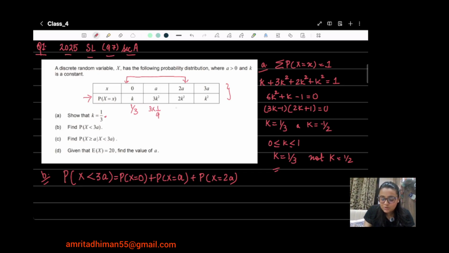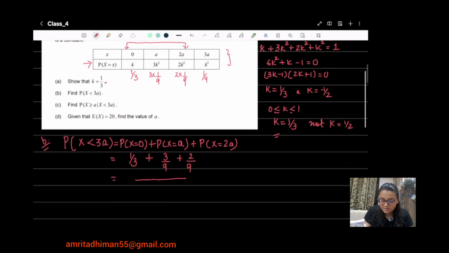And this is 2 into 1 by 9, and this is 1 by 9. So probability X is equal to 0 is 1 by 3, plus probability X is equal to a is 3 by 9, and 2a is 2 by 9. When we take LCM, it is 9, and it is 3 plus 3 plus 2, which is equal to 8 by 9.